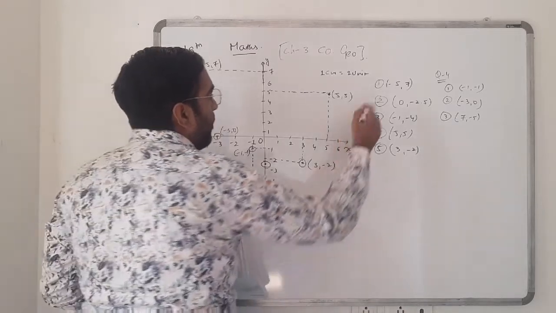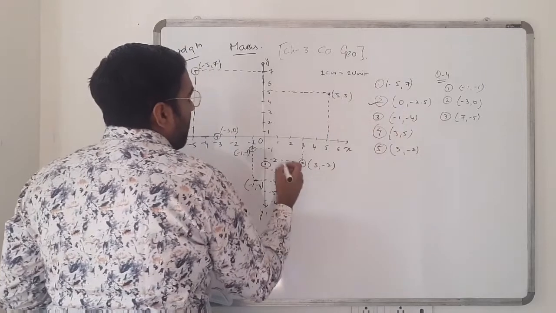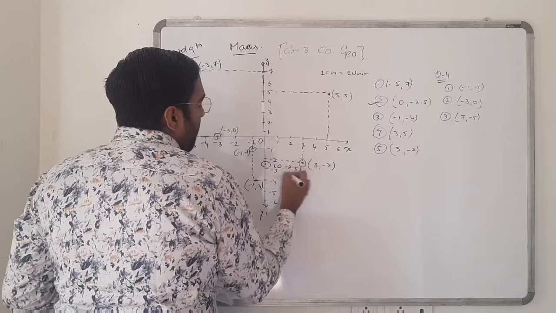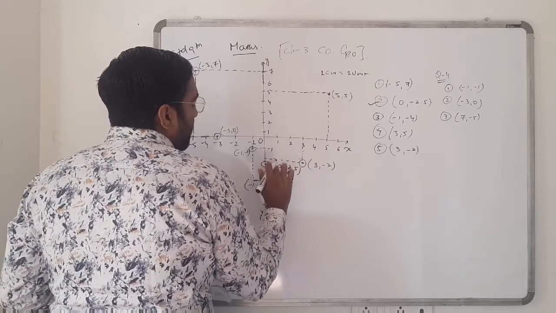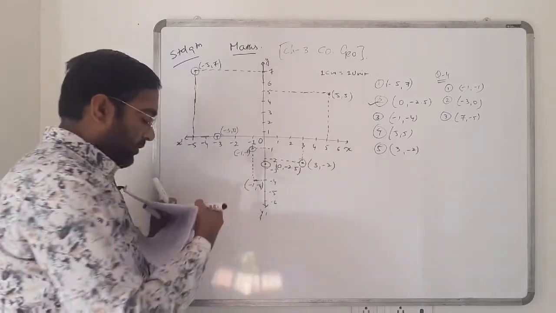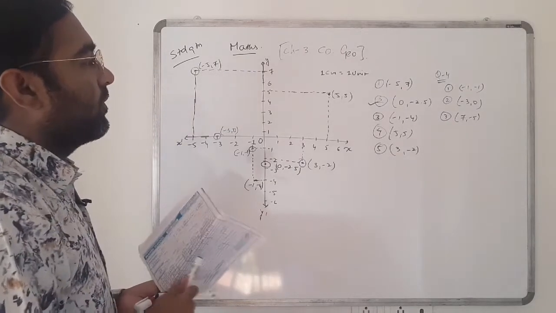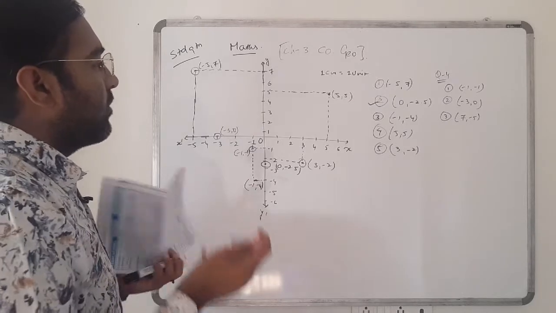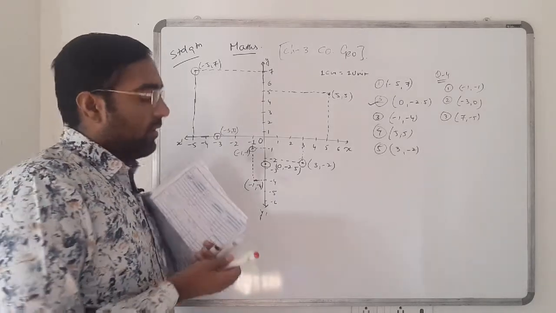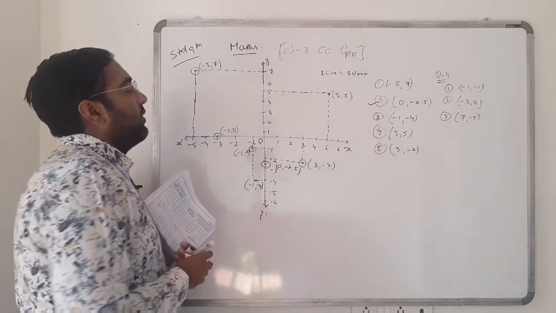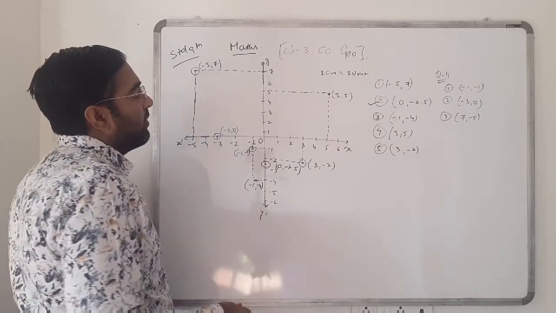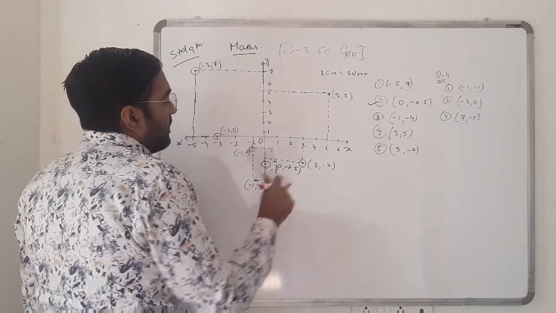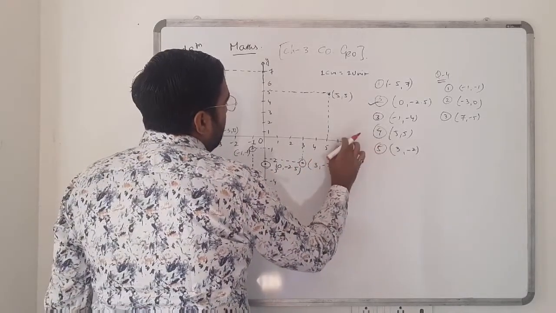I forgot to locate this point, 0 comma minus 2.5. So 0 comma minus 2.5. Now 7 comma minus 5. So 7 on the positive x-axis and minus 5 on the negative y-axis. 7 here.